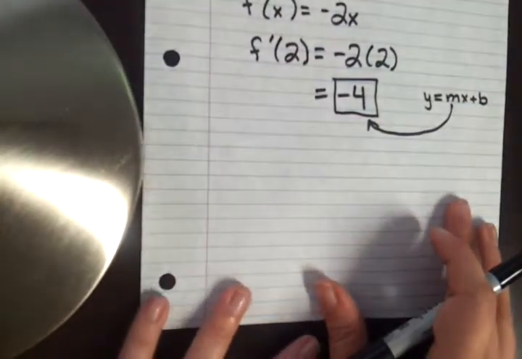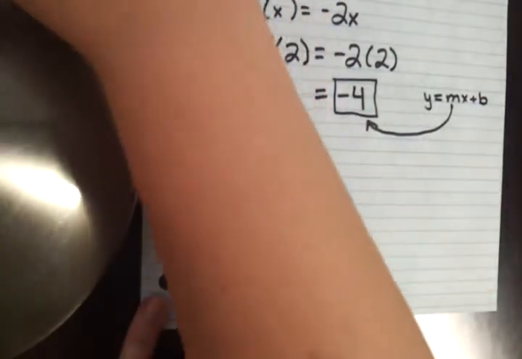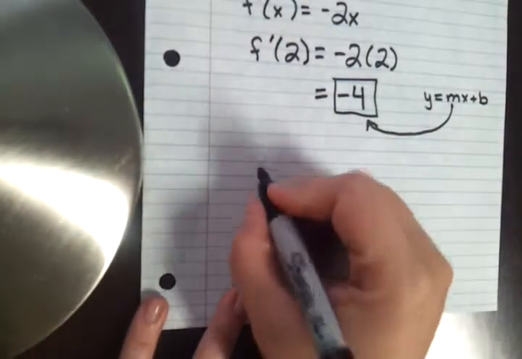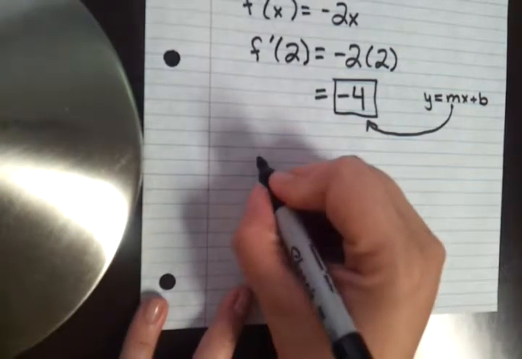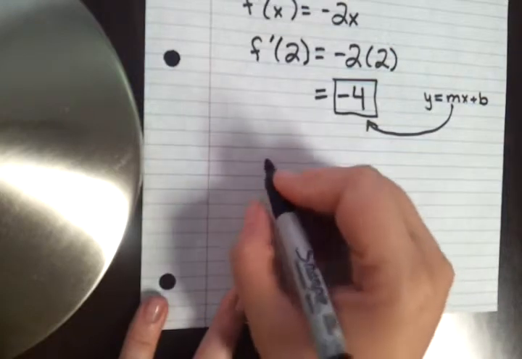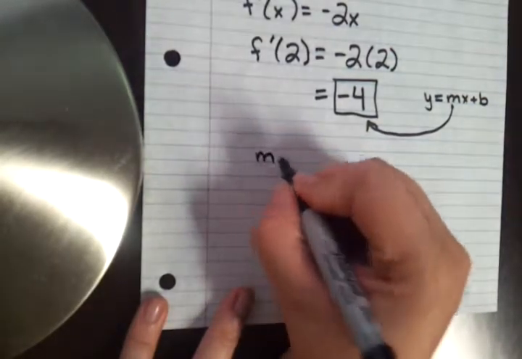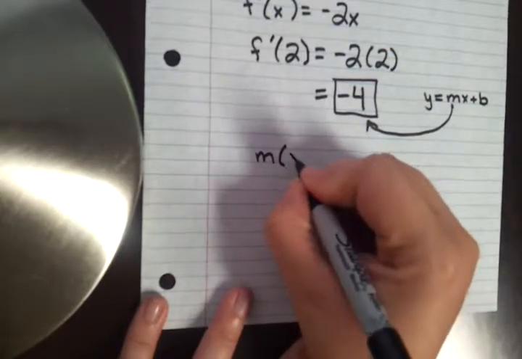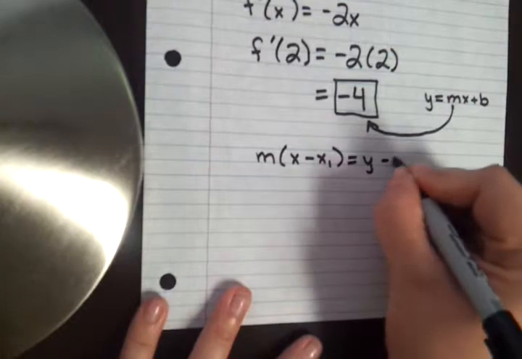So what we need to do is we need to set up the point-slope formula for the point and the slope that they've given us. So we have the point-slope formula that tells us that m times x minus x1 equals y minus y1.